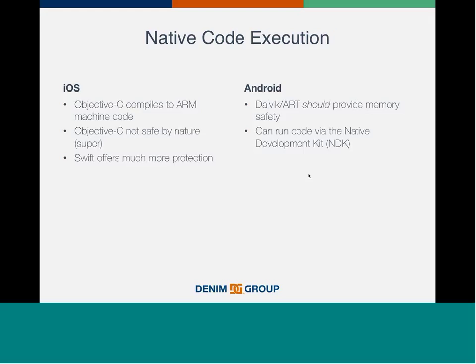That being said, you can also run native code via the Native Development Kit. Much like Java allows you to run native code, Android also gives you the Native Development Kit in order to run native code. The saving grace is that in situations where you're calling out to native code libraries that you're including, it's a cumbersome enough process that you at least notice.